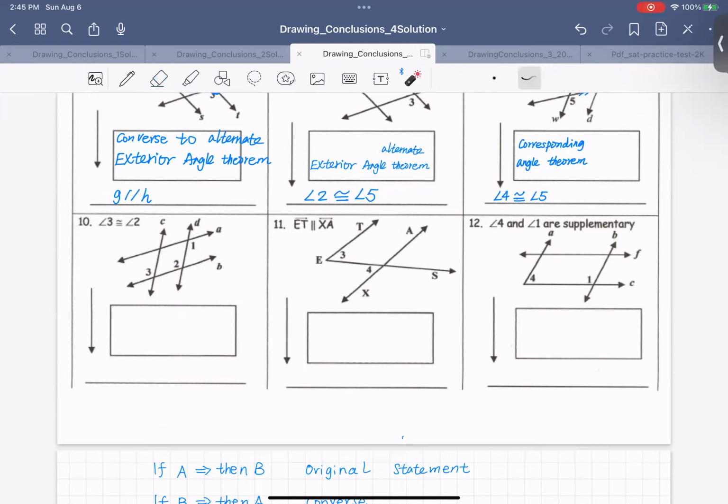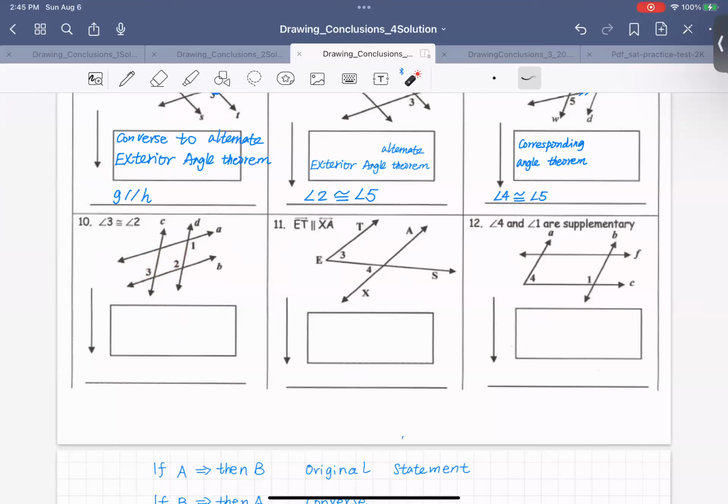Katie, let's try this number 10. 3 and 2. What conclusion do you have? 3 and 2 congruent, and then line C and line D are parallel because of these two angles, definition of corresponding angles.